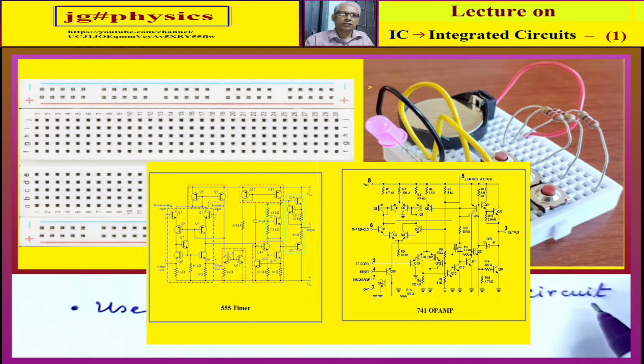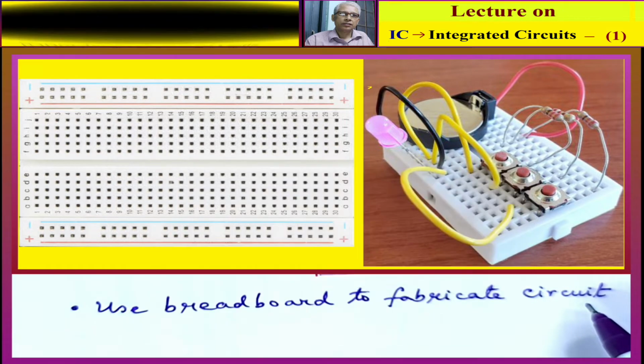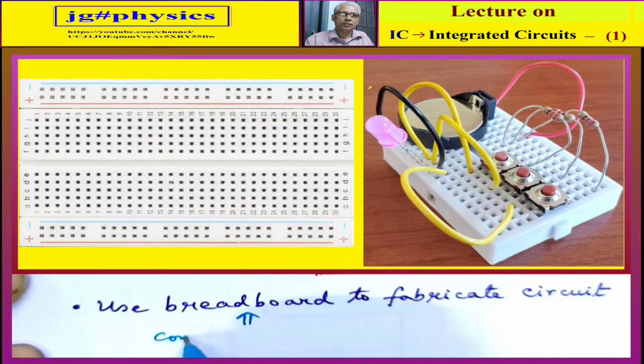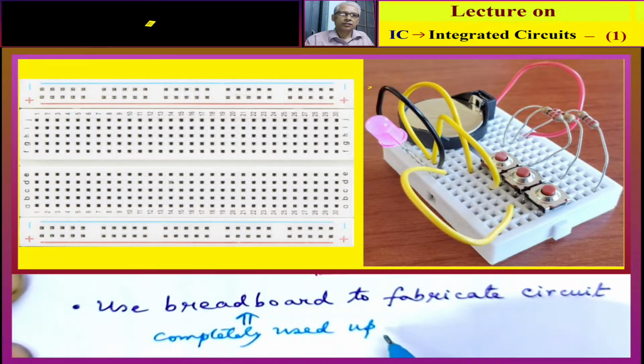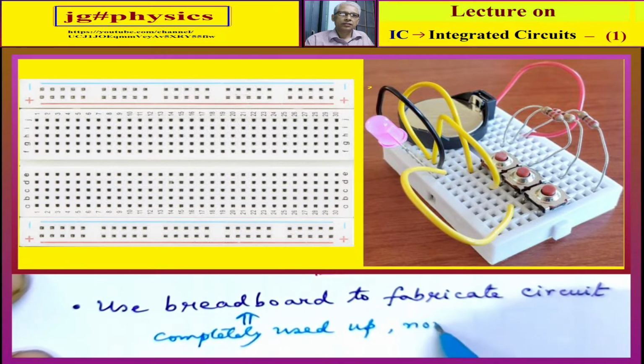But look at the complexity of the circuit. Most importantly, the number of components used. The passive component and active component is very large. So the breadboard would completely be used up. Clearly, the circuit would occupy a large space, and this is a disturbing aspect. Also, it then becomes virtually non-portable.